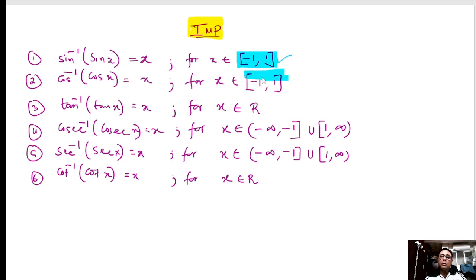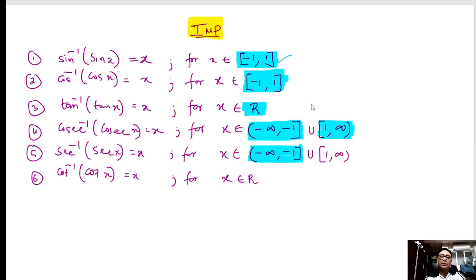For cos, it is the same as sine. For tan, it is any real number. For cosec, it is -infinity to -1, and then again 1 to infinity; 0 is not counted. For sec, it is -infinity to -1, the same as cosec.